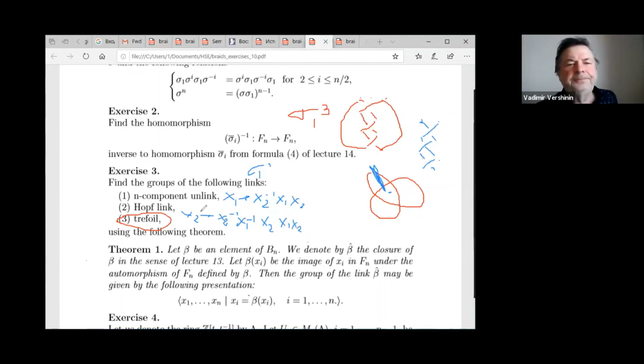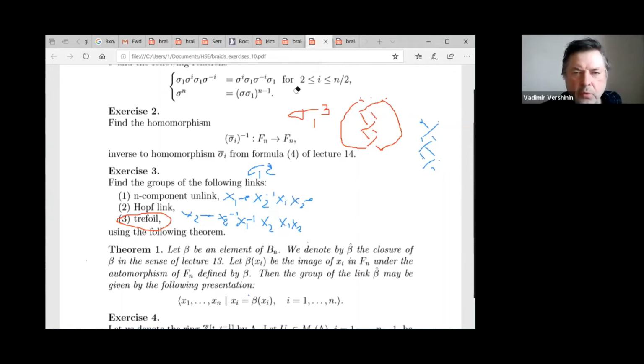This is what happens if we apply sigma 1 squared. But we need sigma 1 cubed. So one more application of our favorite sigma 1. So what does sigma 1 do? I erase this one to have a space.